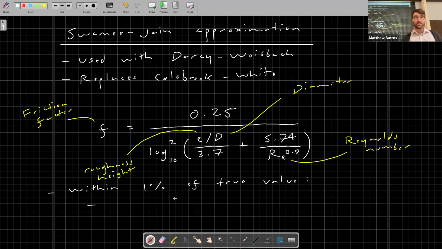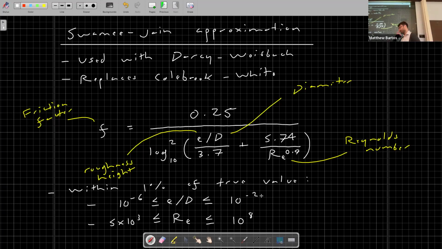First, if the ratio of the roughness height to the diameter is between 10 to the negative 6 and 10 to the negative 2, and the Reynolds number is between 5,000, so that's 5 times 10 to the third, and 10 to the 8th, so that's about 100 million.